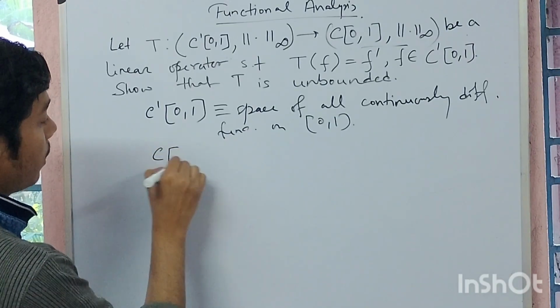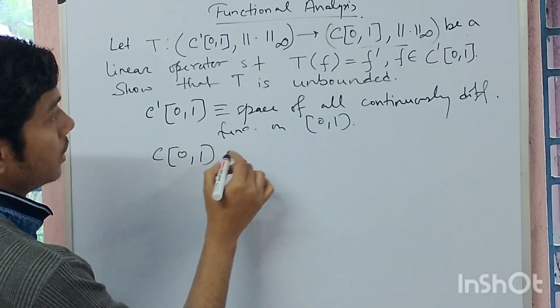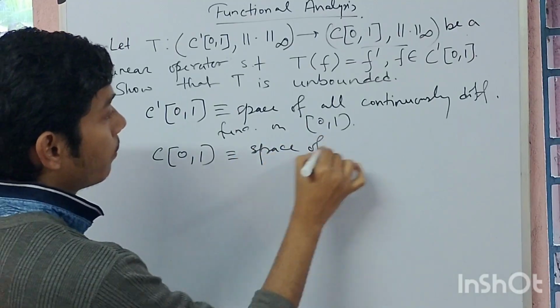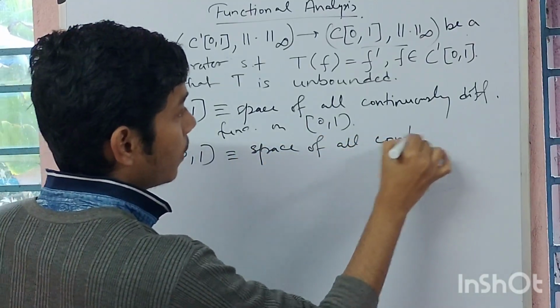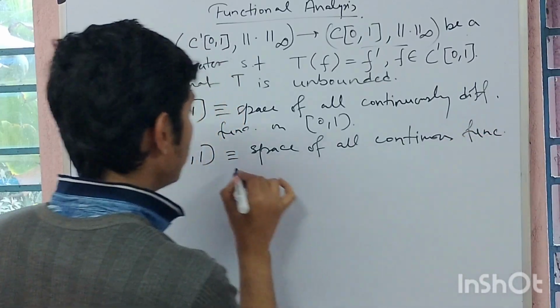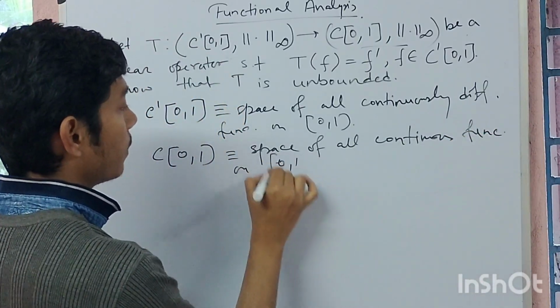And what is C[0,1]? C[0,1] means the space of all continuous functions on [0,1].